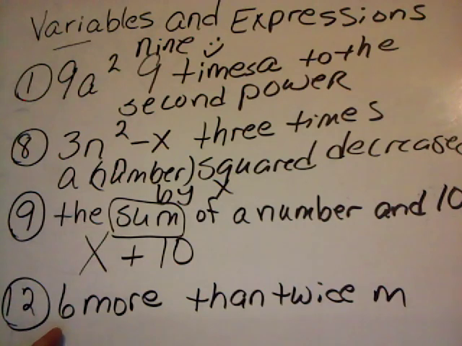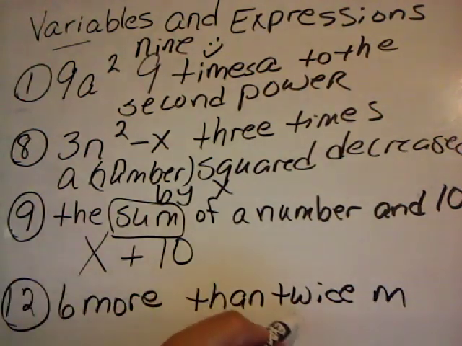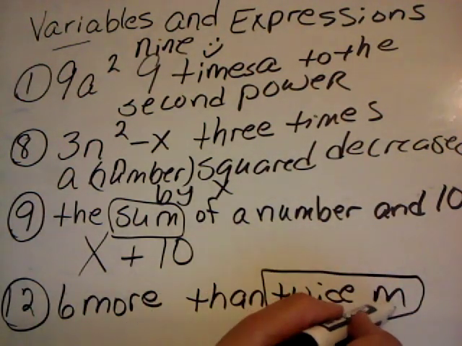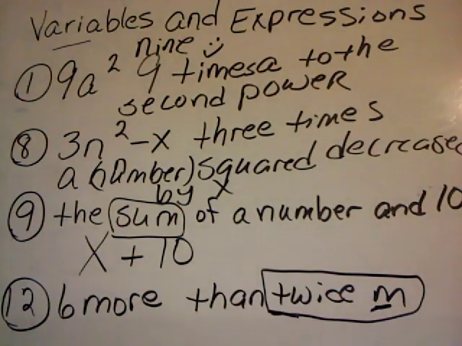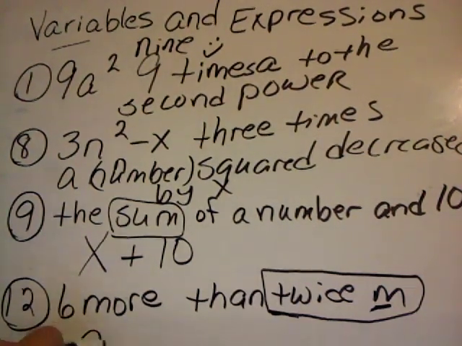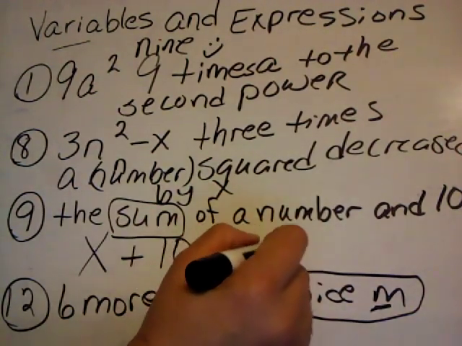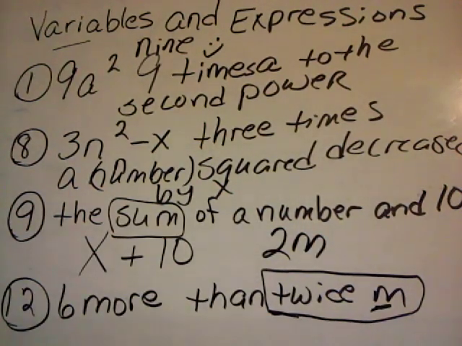Number 12 says 6 more than twice m. Well, I know that I'm going to multiply whatever m is, I don't know what it is, times 2, because twice means 2. If this was 3, I'd say 2 times 3. If it's 4, I'd say 2 times 4. I don't know what it is.